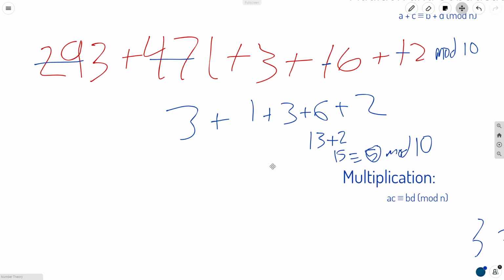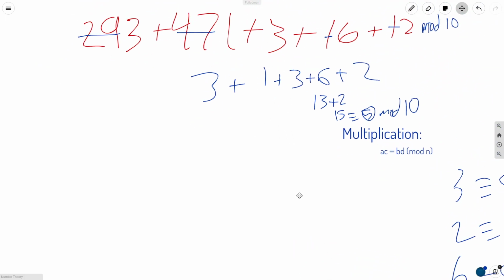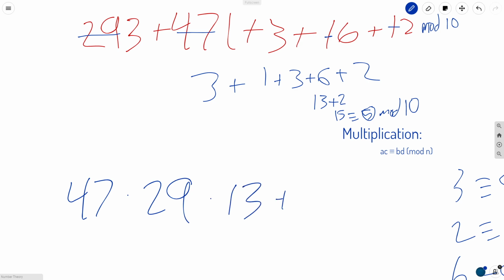We could also approach it in another example where we take the units digit. So if I have the product, let's say 47 times 29 times 13 times 16 times 7, the product of this would again be a really large number.